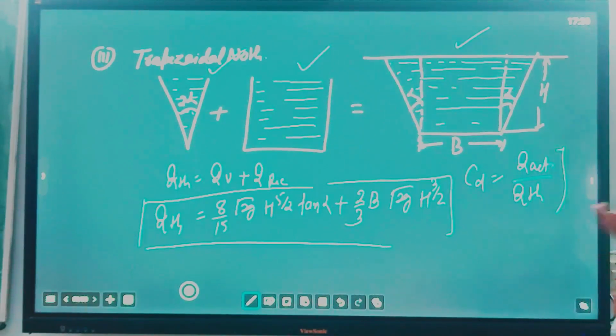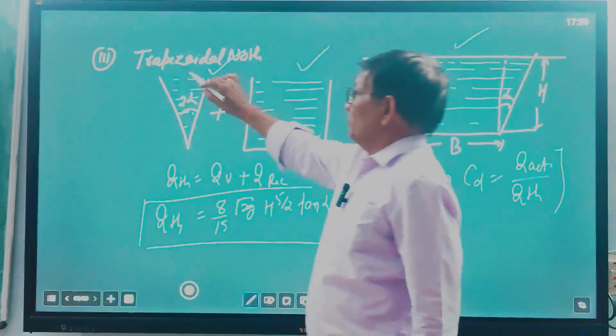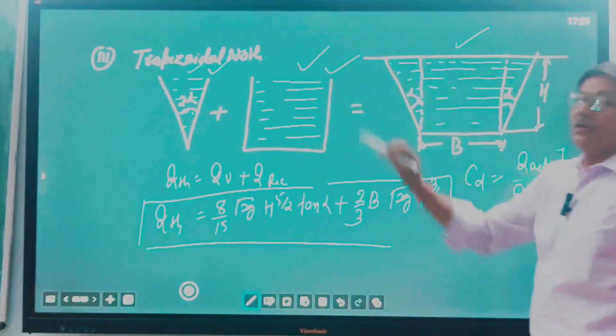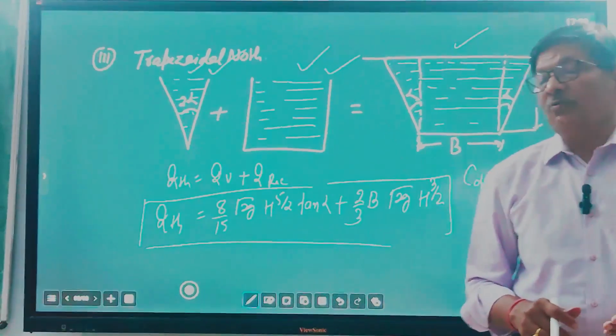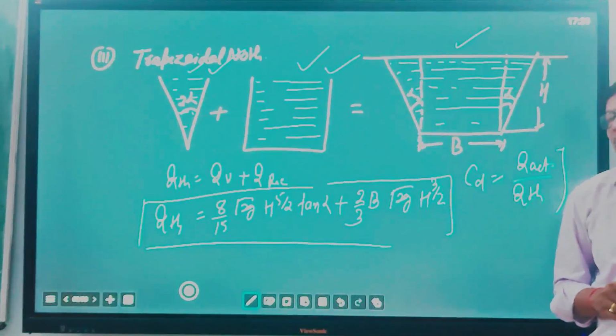If we compare experimentally, we find that CD for the trapezoidal notch is highest, the second highest is the V notch, and the third is the rectangular notch. So it depends on in which case more frictional losses are there, what kind of flow situation exists, and what is more economical to use for a particular notch.